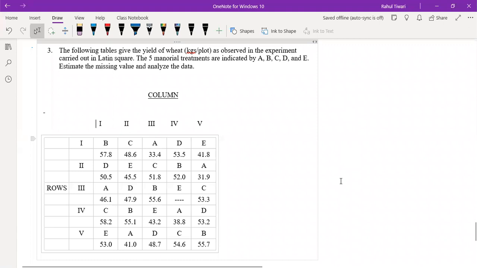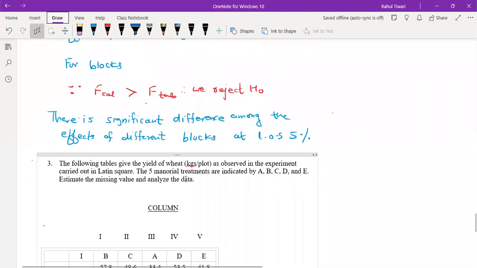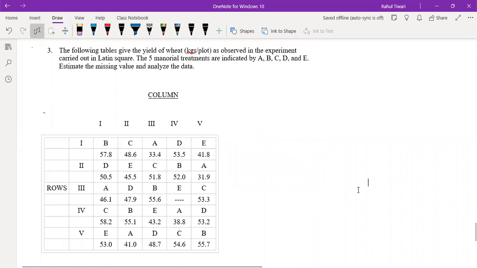So we can take the third example. I think the second example is already completed. You can look at this problem as a problem of type LSD, because you have been given the treatments, the rows, and the columns.